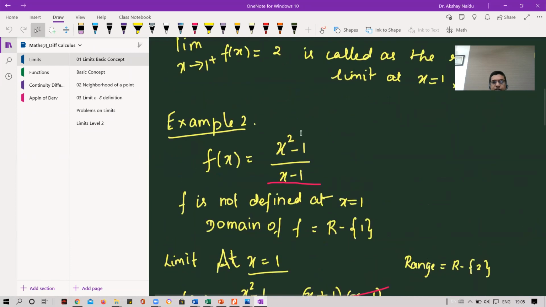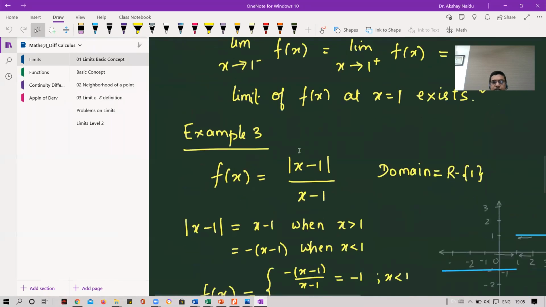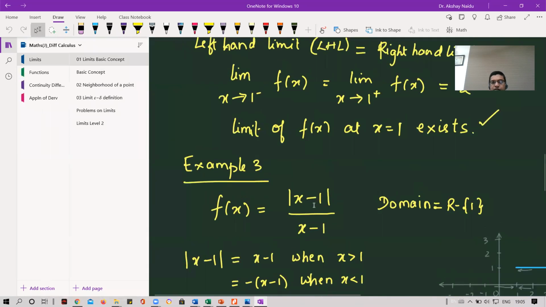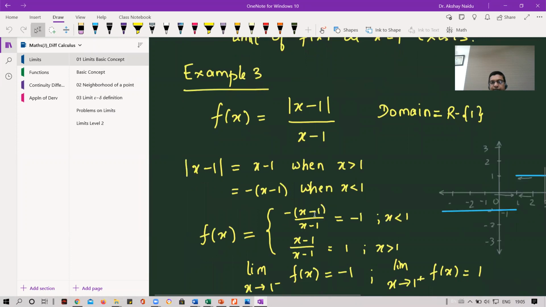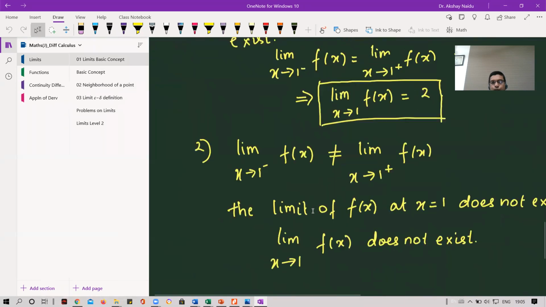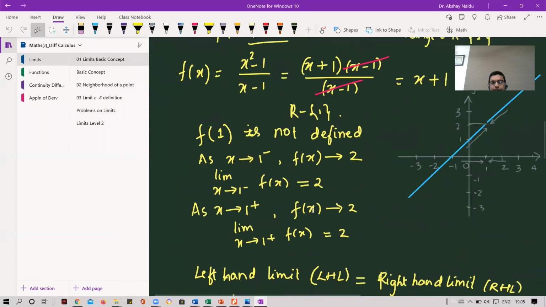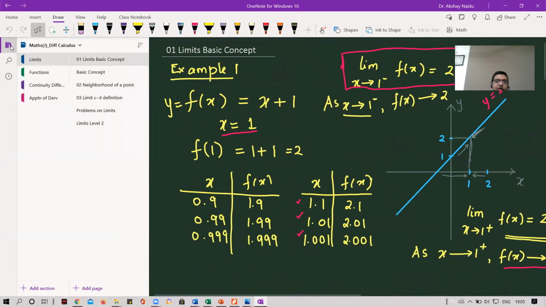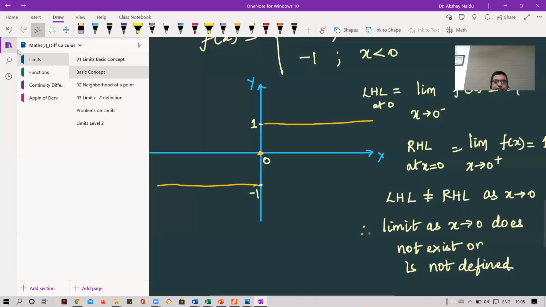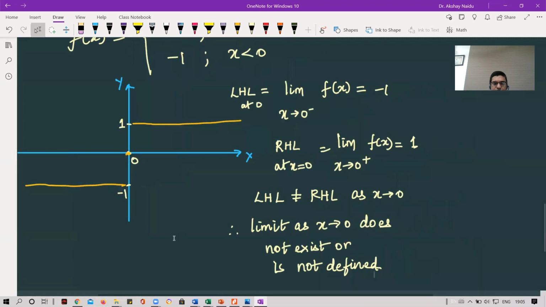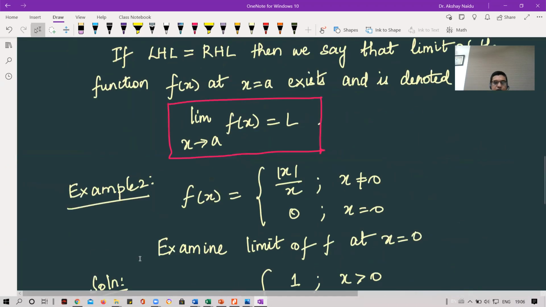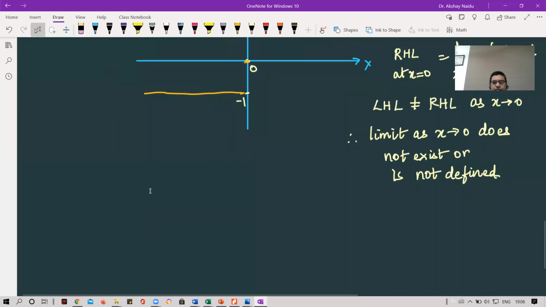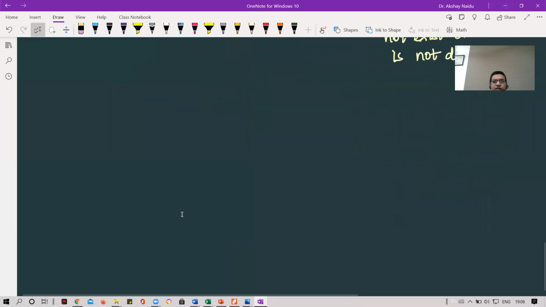Okay, I'll choose a slightly different example. This we have done already. One more example. Now let us not use mod.